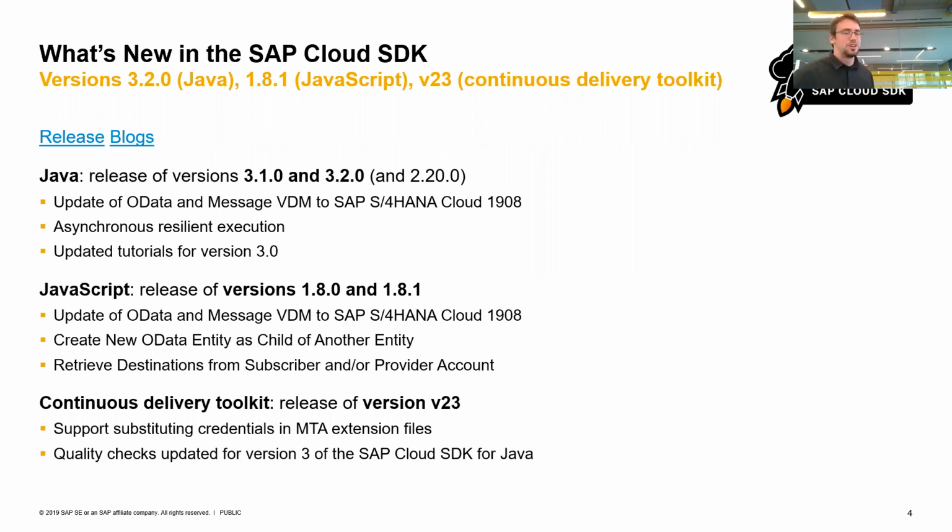Now let's go to JavaScript as well. Here we have some releases of version 1.8. And what changes is similar. We have some updates to the OData and message VDM. And this time also the possibility to create a new OData entity if there's already an entity you have connected to a system.